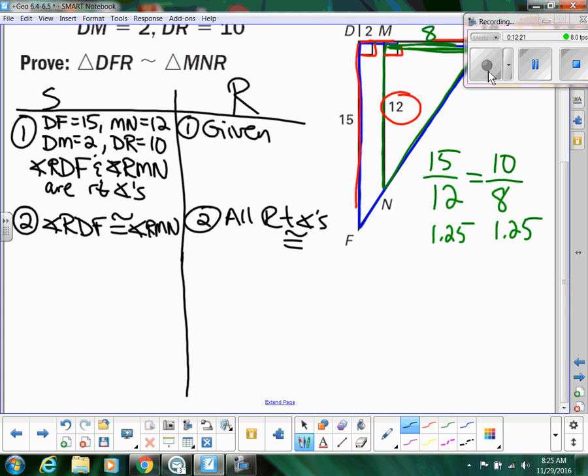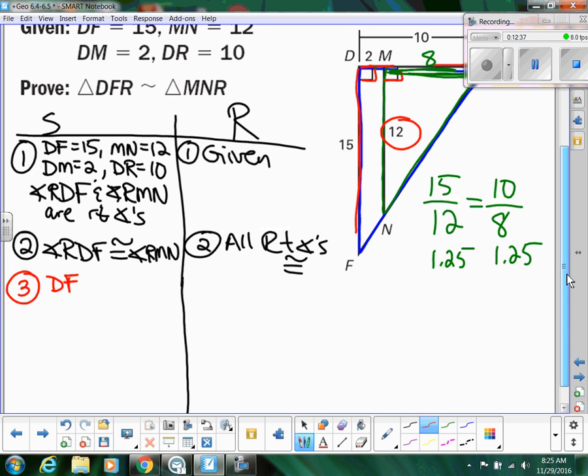That's the theorem. And then we can say that DF, so I want to make sure I write it correctly, DF over MN equals, what would that be? DR over MR. And you can just say definition of proportion.